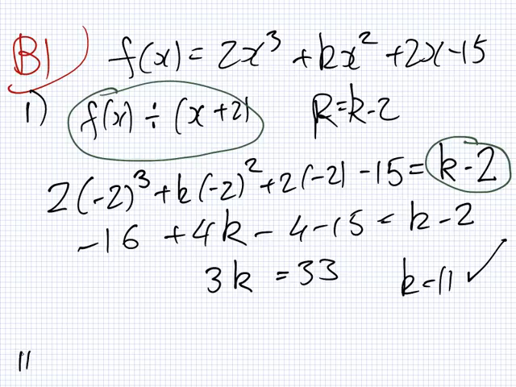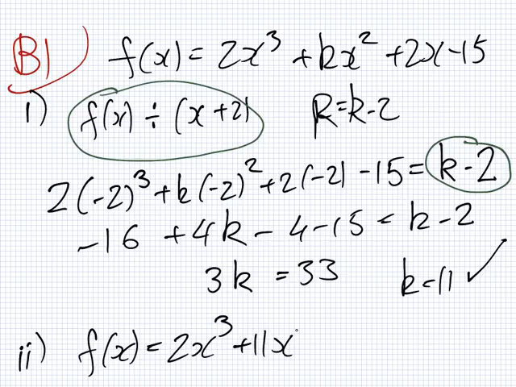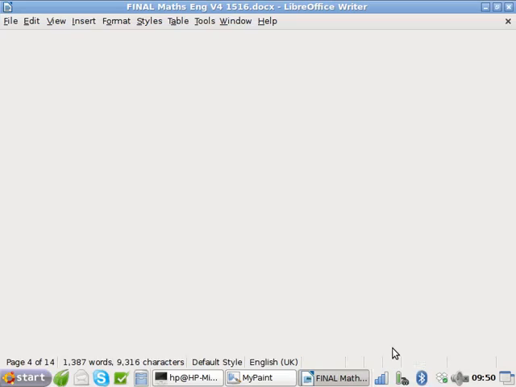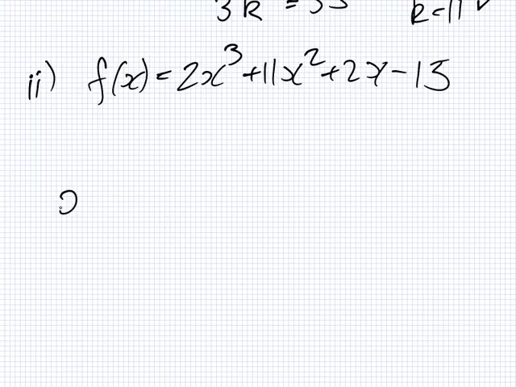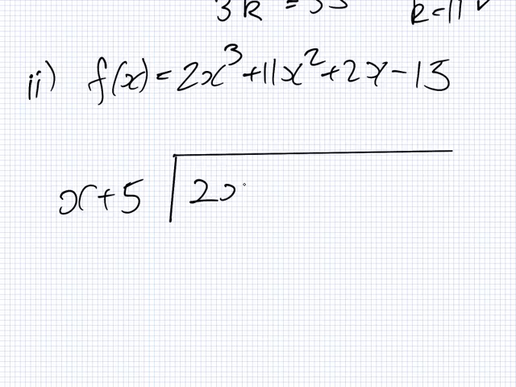Okay, next part. f(x) equals 2x cubed plus 11x squared plus 2x minus 15, and they want us to divide by x plus 5. No problem, we all know how to do that. x plus 5 divided into 2x cubed plus 11x squared plus 2x minus 15.